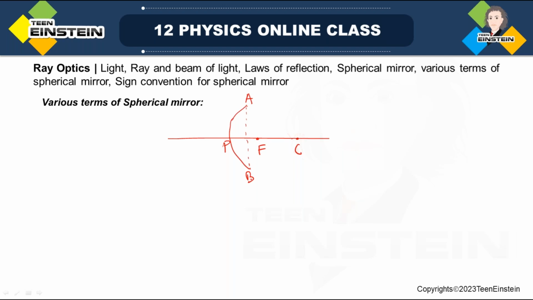This AB is the linear distance, or it is the diameter of the circular boundary of the spherical mirror. If we connect the ends of the spherical surface, the line we get is called the linear aperture. It is actually the diameter of the circular boundary of the spherical mirror.